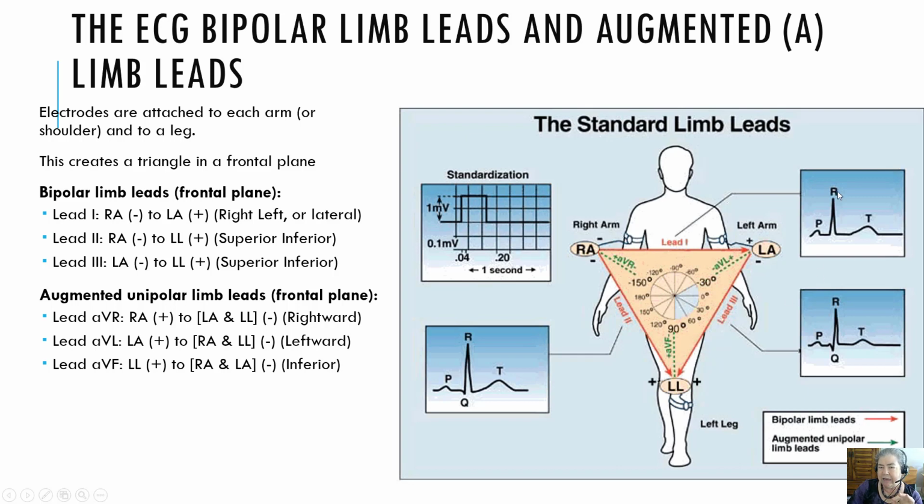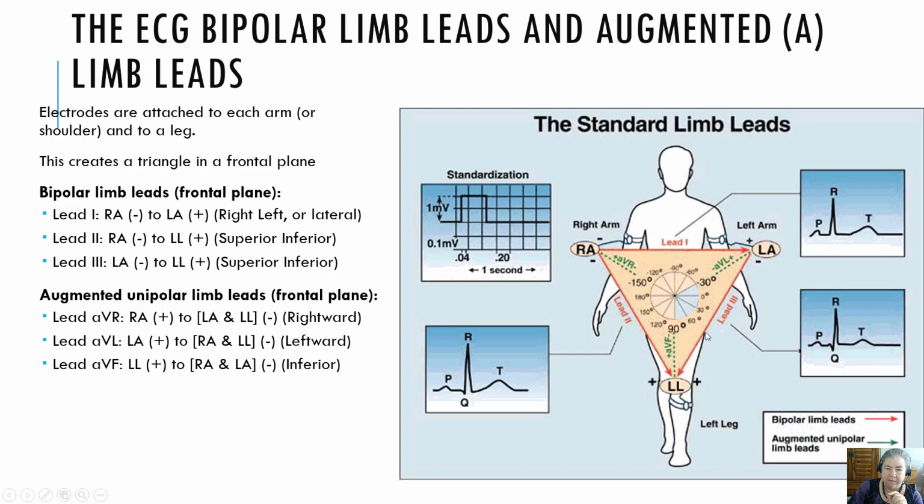And we have lead 3, in which the left arm becomes a negative, and the left leg is still positive. Okay, and so again, this would be flowing down from the left arm to the left leg.